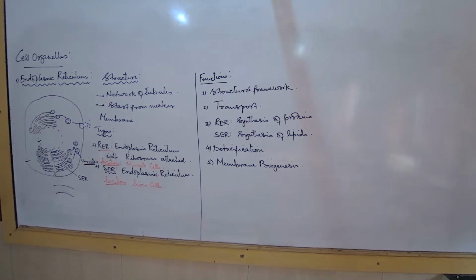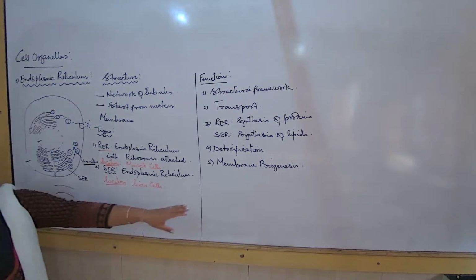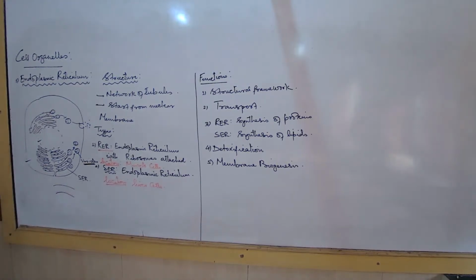Without lipids and proteins, can a cell divide? Not possible. For the process of division, also, lipids and proteins are needed. So that is what we are talking about with membrane biogenesis, the process of formation of membranes and division of the cell. Everything is dependent on the proteins and lipids released by the endoplasmic reticulum. So this is about the endoplasmic reticulum, you will remember.